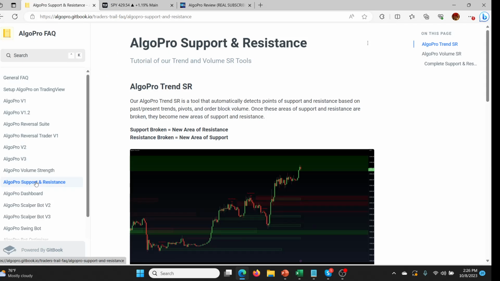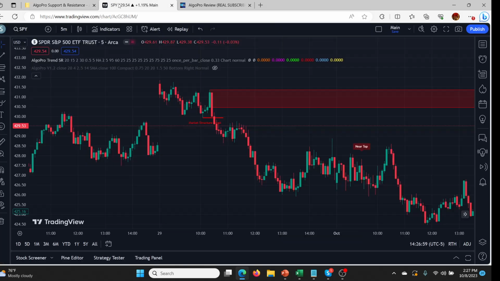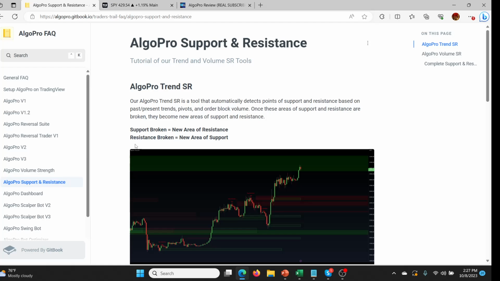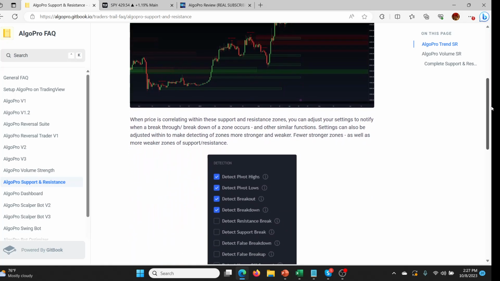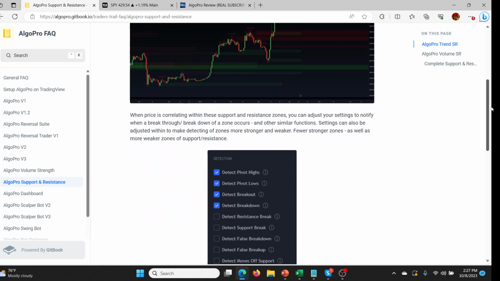So I was quite interested to see that one of the things you get is a script called Algo Pro Support and Resistance. And that's what I actually have loaded up here at the moment. You can see it, Algo Pro Trend SR, which is support and resistance. This is cool because it gives you a way to add things like order block volumes and support and resistance to your charts, which means that you can take signals from the other parts of it and say, hey, we're right at support here.